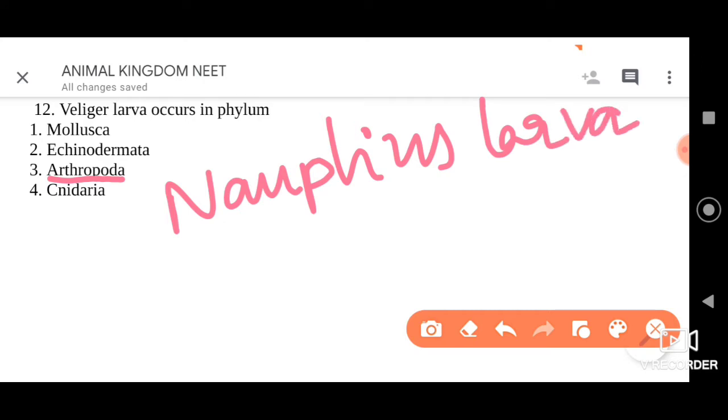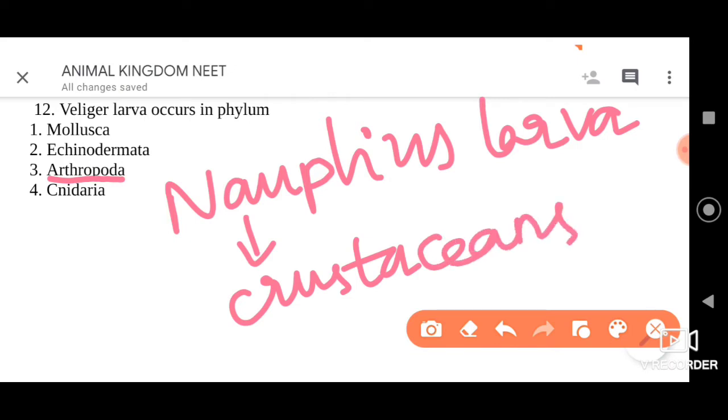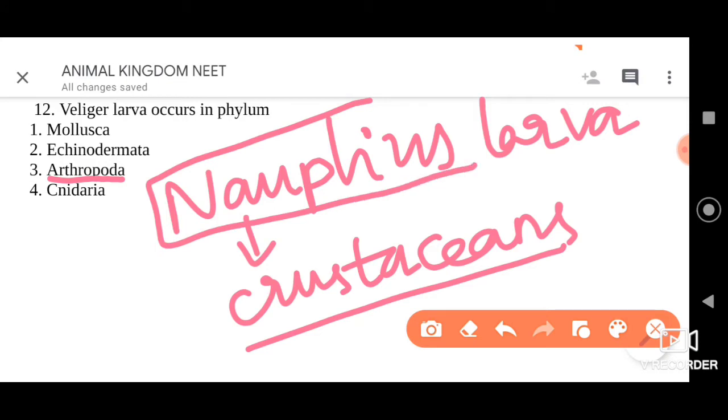It is the first fundamental stage in almost all the crustaceans belonging to the invertebrate phylum we call the arthropods. So note that Nauplius larva is shown by crustaceans belonging to the invertebrate phylum Arthropoda.